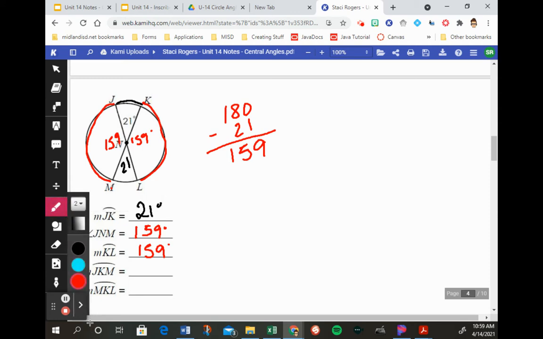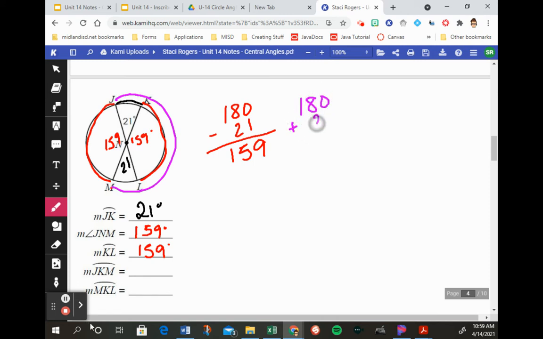I do need arc JKM. So I'm going to go 180 degrees plus 21.